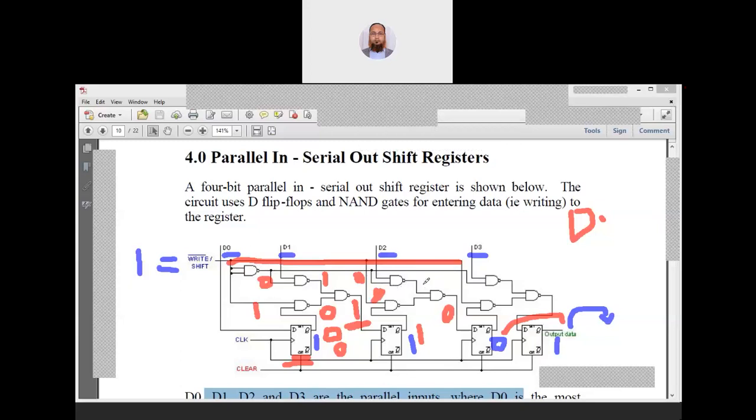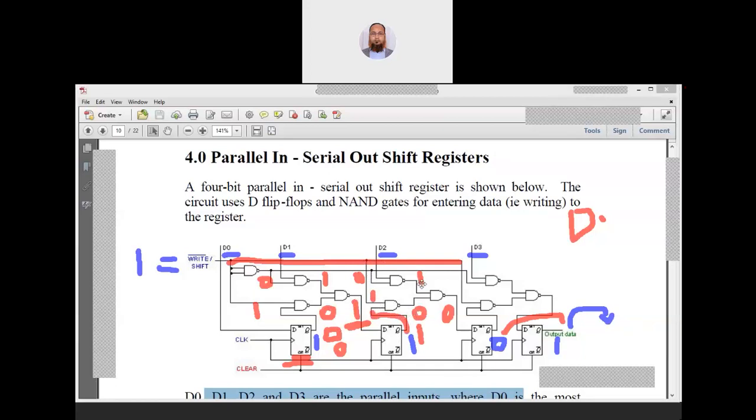Okay, so this is 0, which means this output will be 1. This output is 0 and this output is 1. This line is 1, and this line is 1. This input is 1, this input is 1, so definitely the output will be 1.